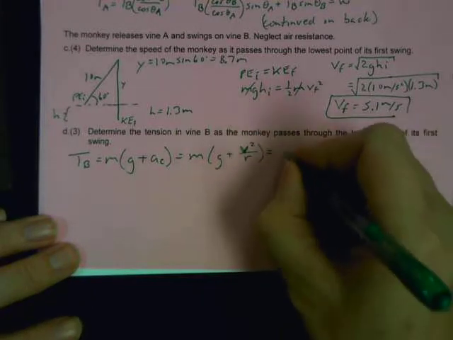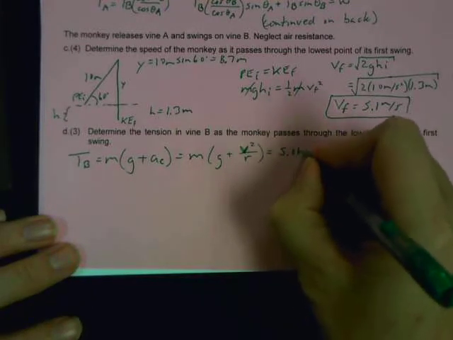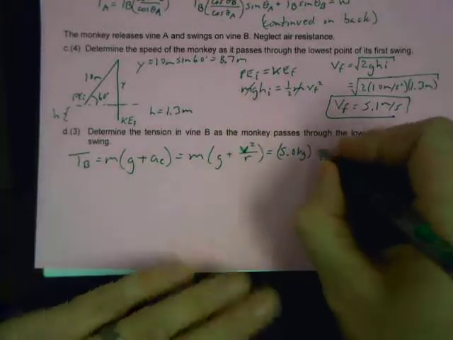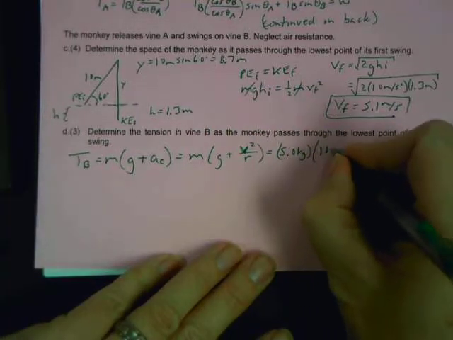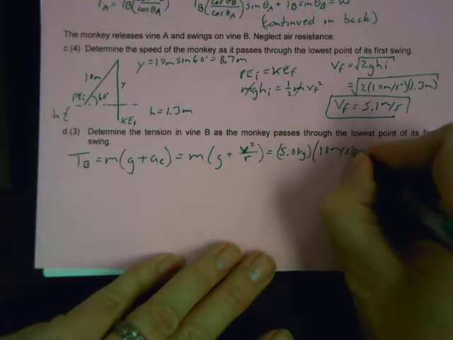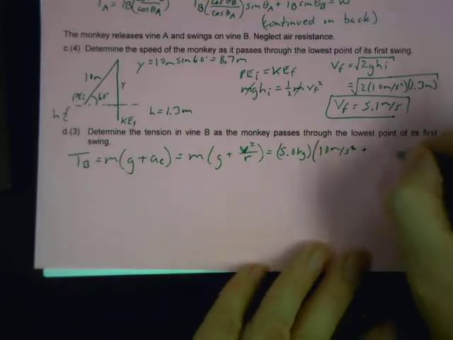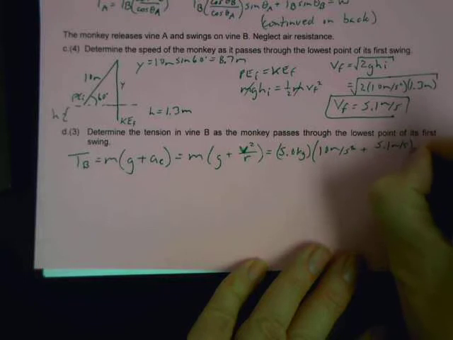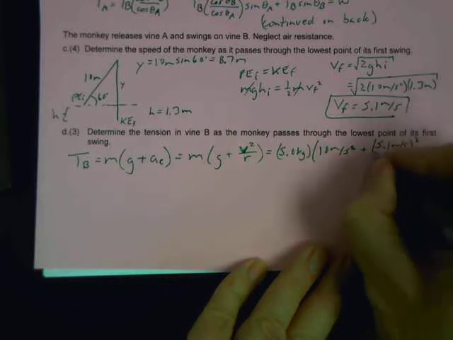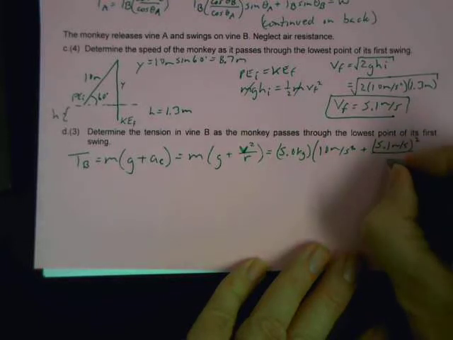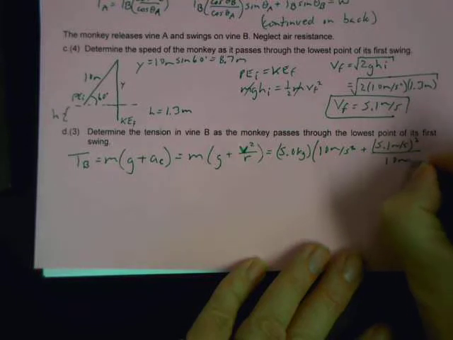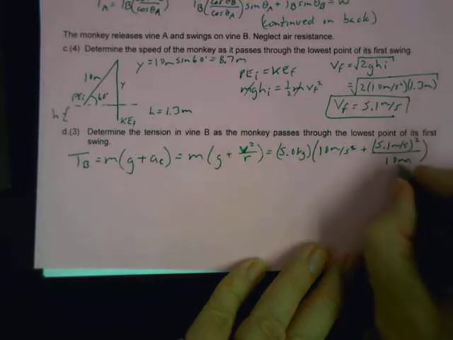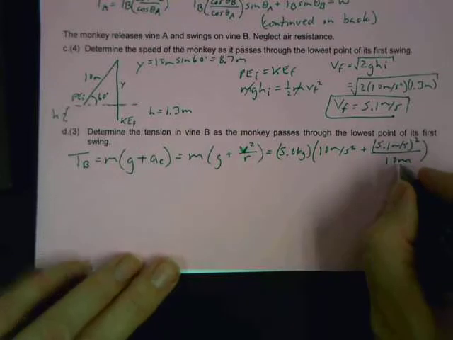Just plugging in my numbers here, I've got 5.0 kilograms times 10 meters per second squared plus v squared, v being 5.1 meters per second. Got to square that, divided by my radius of 10 meters, which again is why we're not going nuts on the significant digits.